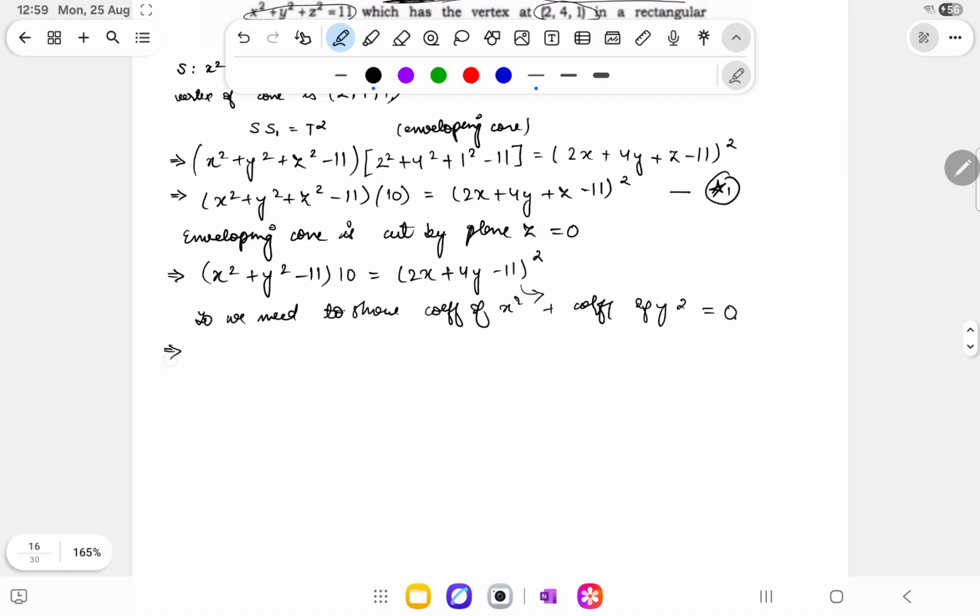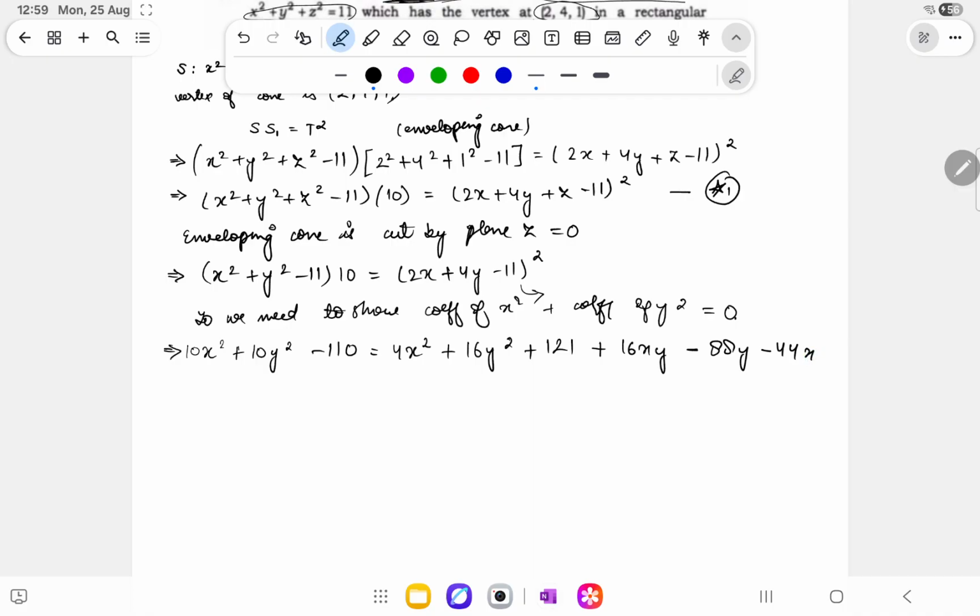Let us check if the coefficient of x square plus the coefficient of y square is 0 or not. First, let us simplify the equation of the section. That is 10x square plus 10y square minus 110 equals 4x square plus 16y square plus 121 plus 16xy minus 88y minus 44x.